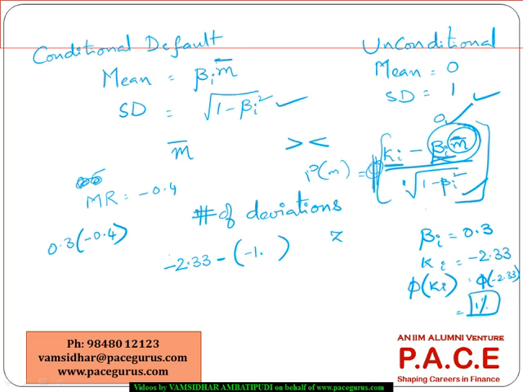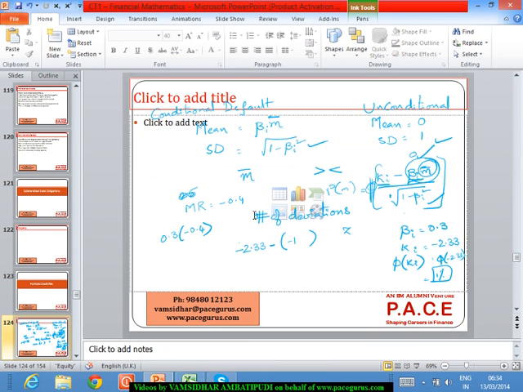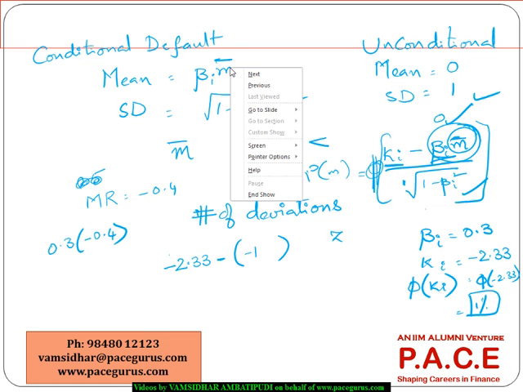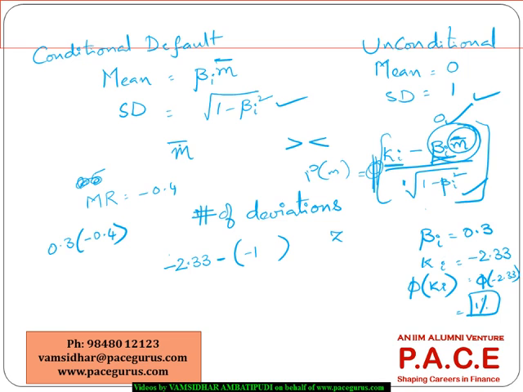So it is becoming minus of minus 0.12, and this I am dividing by square root of 1 minus 0.09.